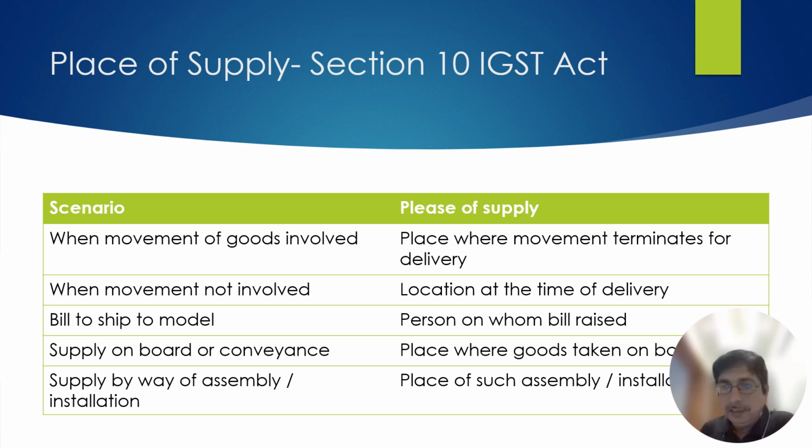Okay. Let's take another example. A is in Tamil Nadu, B is in Maharashtra, C is in Tamil Nadu. B places an order on A to supply the material.